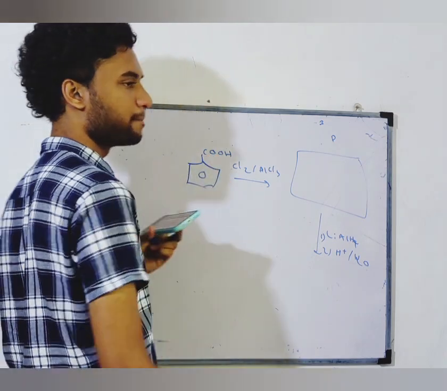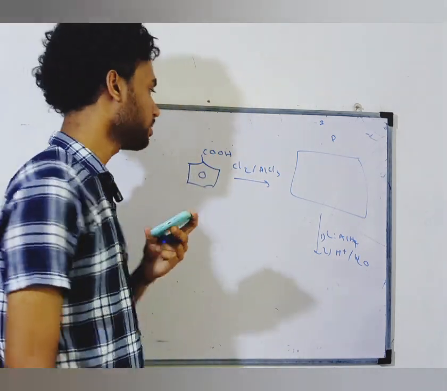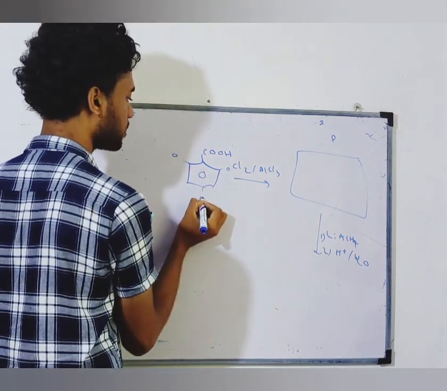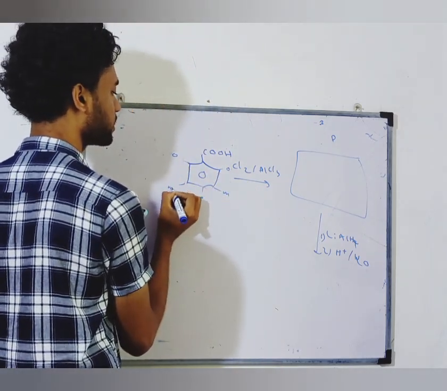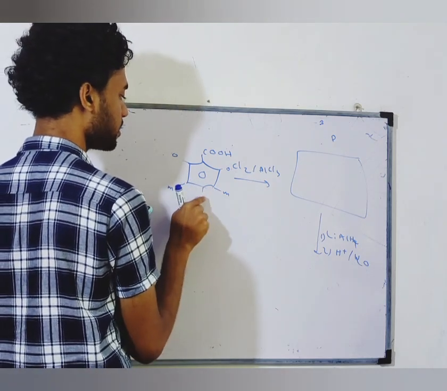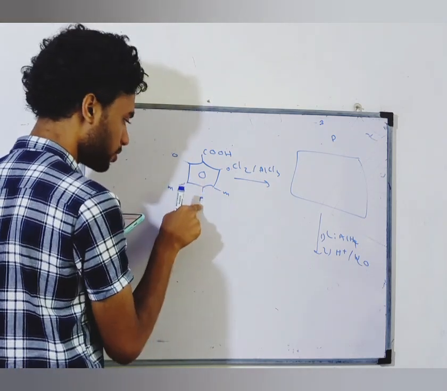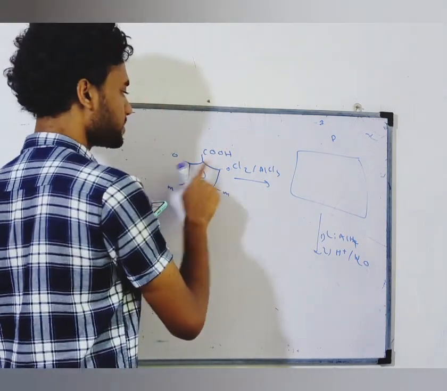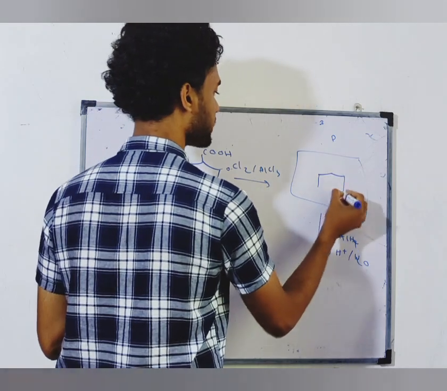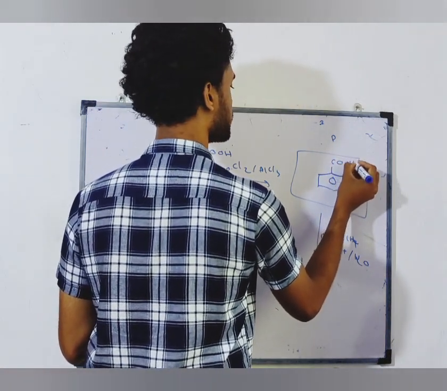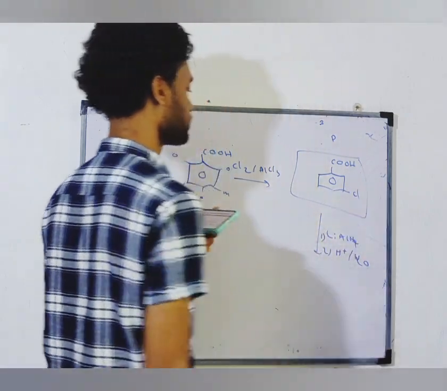This is going to be meta directing. That clear? So these are the ortho, ortho, para, meta, meta positions. This is the para position here, meta positions here, ortho positions here. So then Cl2 is going to be taken to the meta position, right? So I can say the chlorine goes here to the meta position.